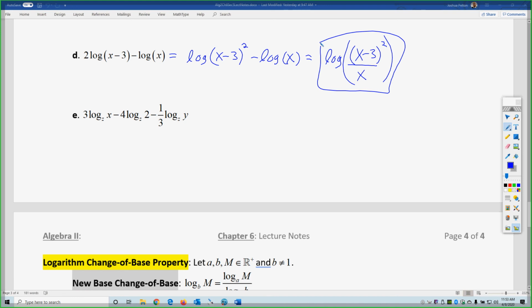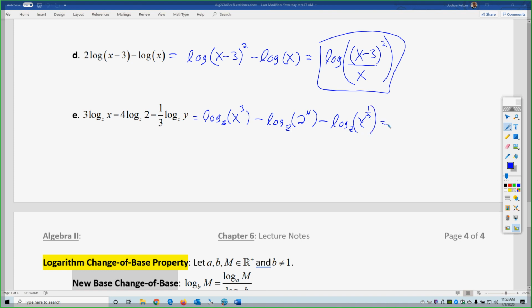Okay, last one, log base z has all three rules in it. So power rule first. So this is log base, not 3, it's z. I'm sorry. Log base z of x to the third minus log base z of 2 to the fourth minus log base z of y to the 1/3.